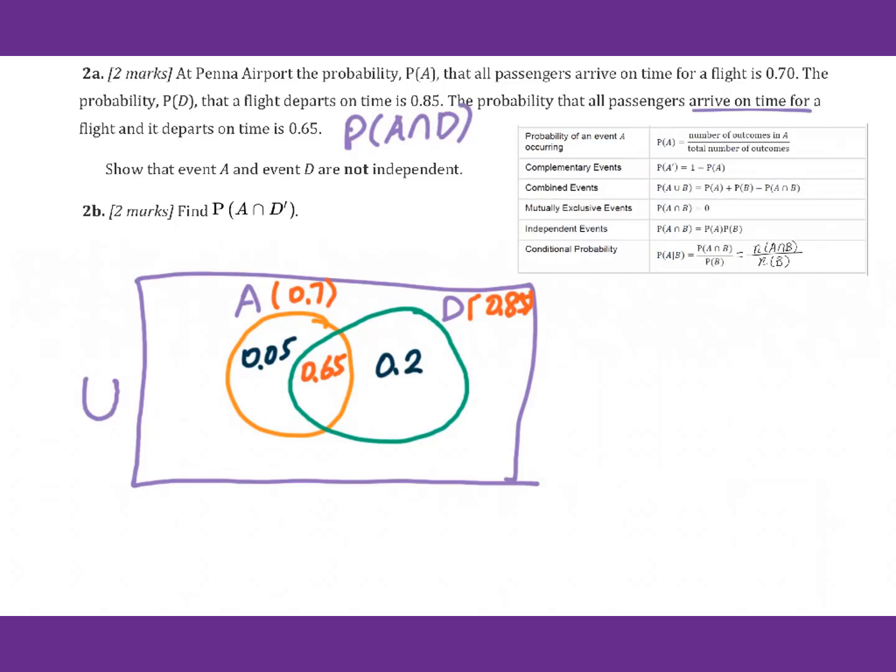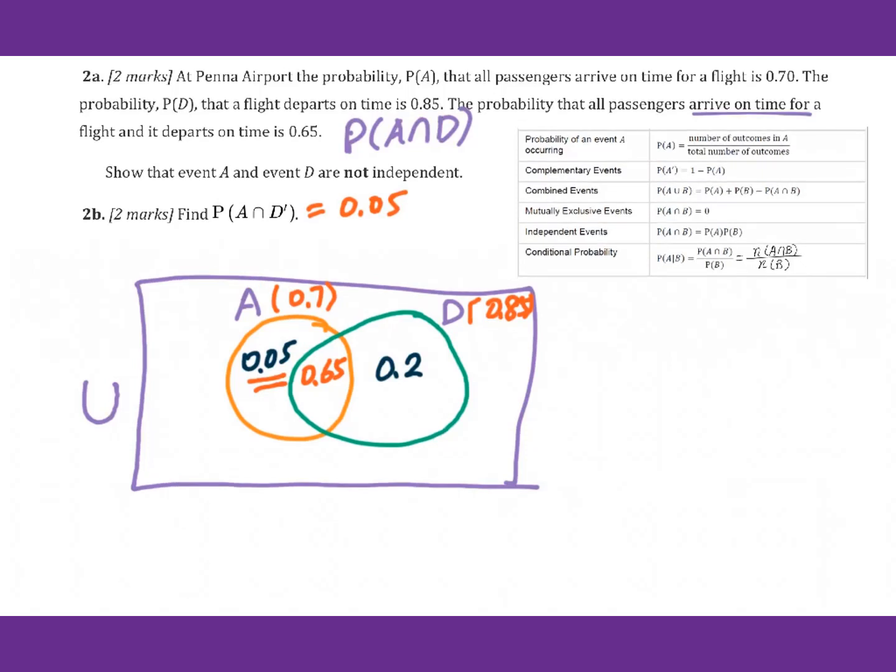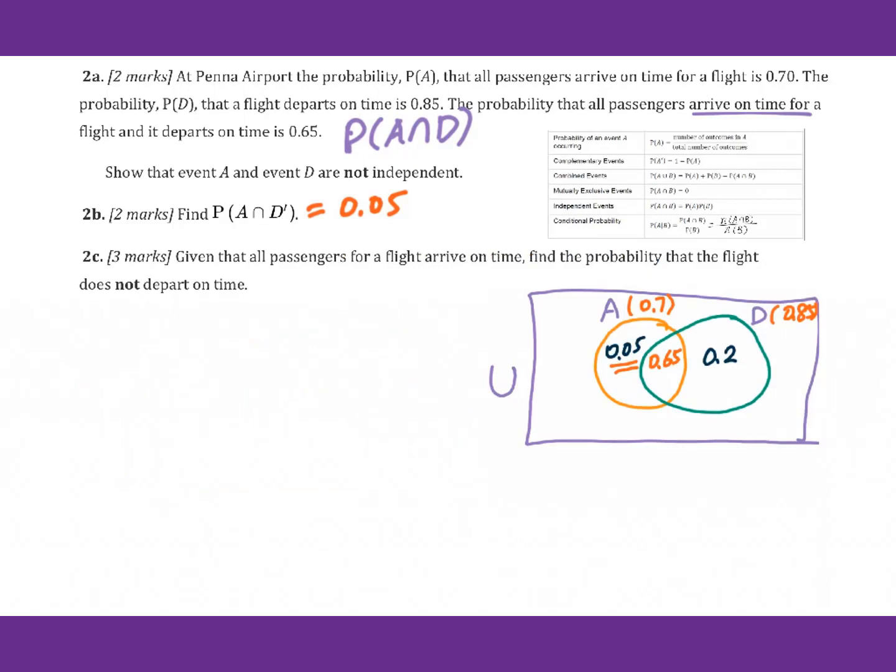Therefore, for probability A intersect D prime, it will be this one. So it equals to 0.05. For IB exam, you have to decide Venn diagram is better or tree diagram is better to solve the specific question. Let's go to 2C.